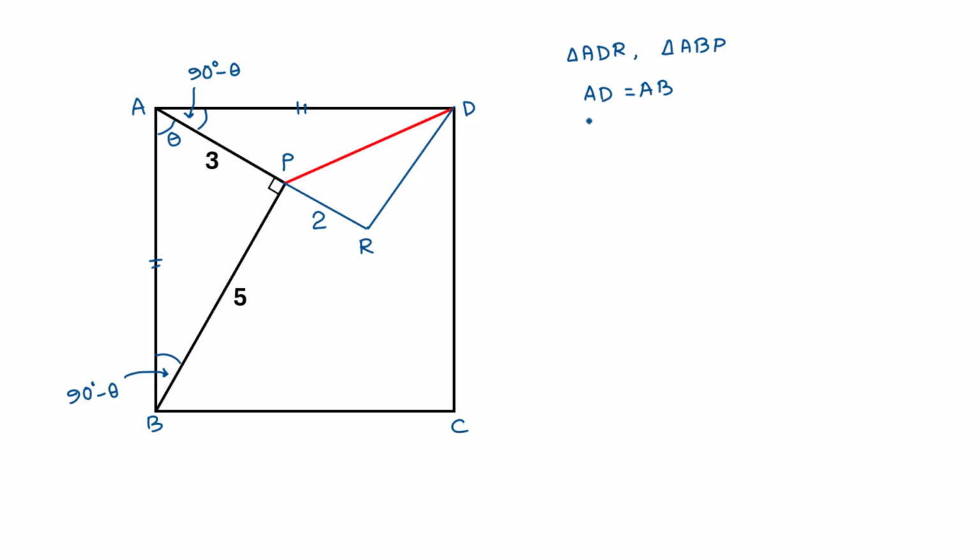That means AR in this triangle is equal to this BP. And this angle is equal to this angle. That means angle DAR is equal to angle ABP.